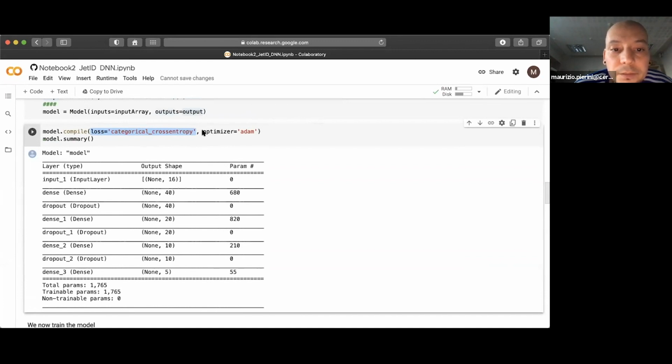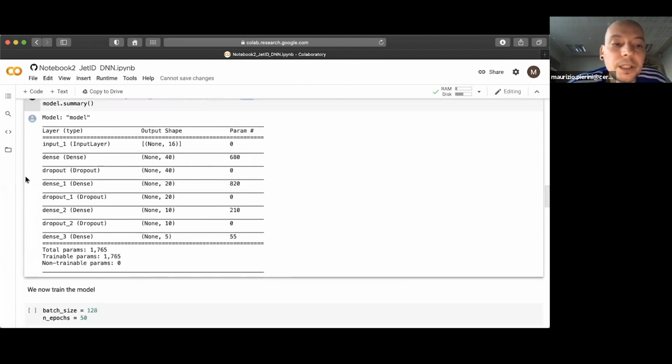And an optimizer, which is Adam, which is the most popular kind of optimization algorithm these days. But you could just write SGD here and you would run a plain stochastic gradient descent. Adam is basically stochastic gradient descent with some built-in rule on how to evolve the SGD parameters. And then I get my model summary.